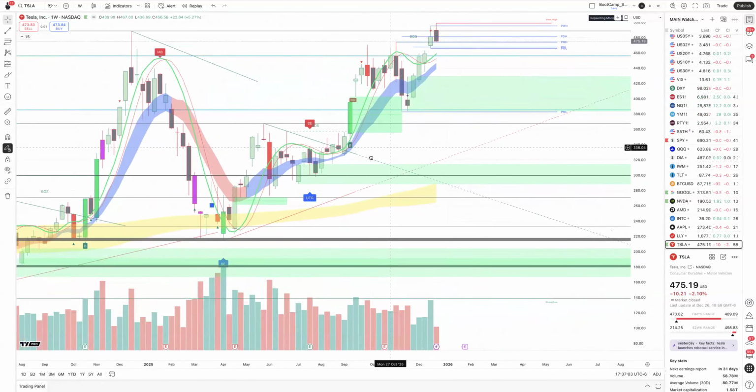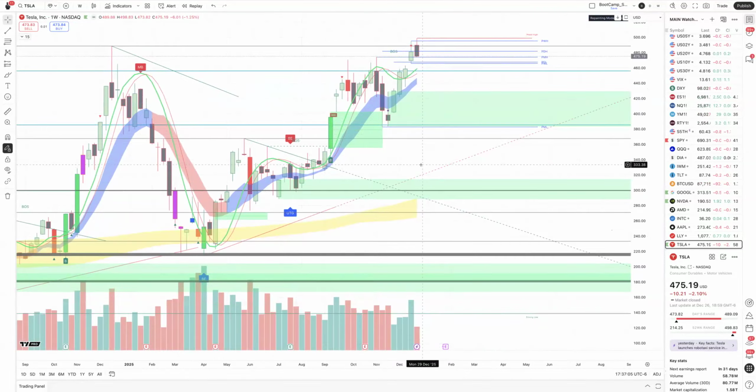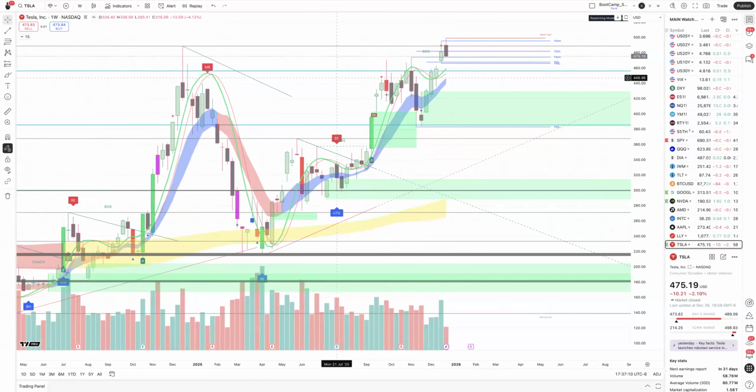But the other advantage that we had to simplify this process is that you just had to get really good at taking screenshots, right? And so with Black Wolf, the Shon-TheWolf AI, you can take a screenshot of Tesla's weekly chart, Tesla's daily chart, Tesla's 4 hour chart, and Tesla's 2 hour or 1 hour chart, and you put those screenshots inside of Black Wolf and say, hey, give me a top-down analysis and a trade plan for Tesla, or just do a top-down analysis, right?